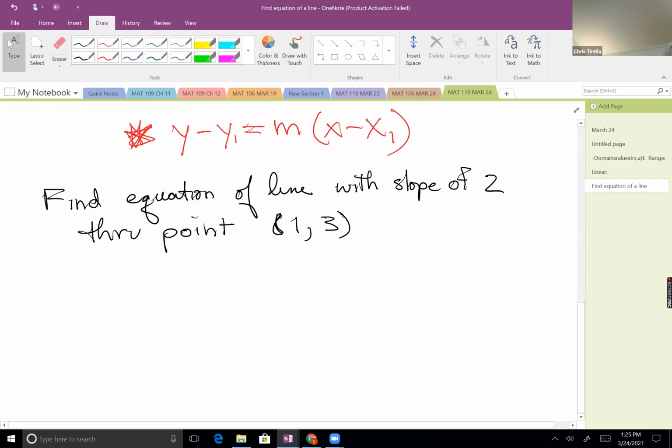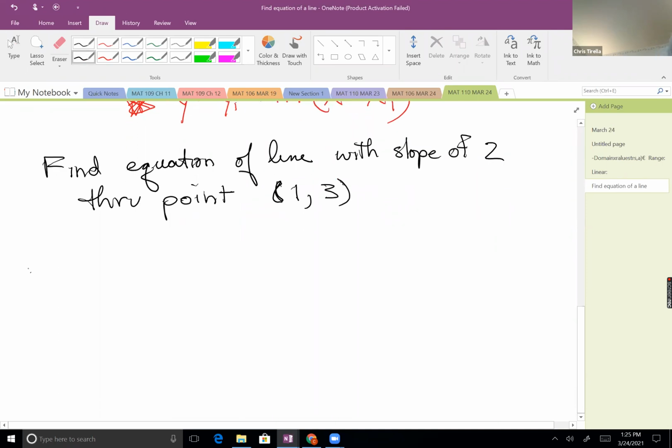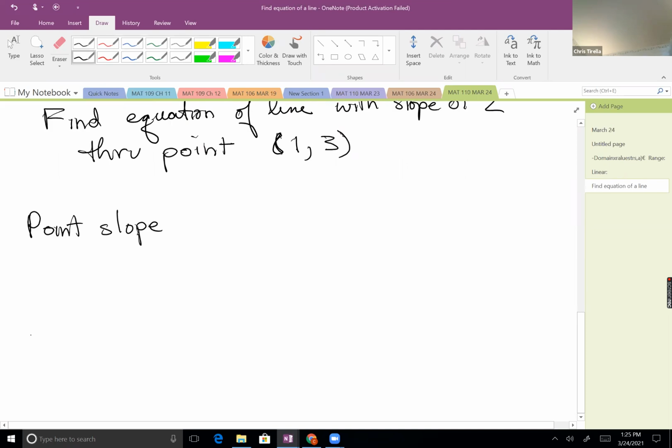We're going to look at this in a couple of different ways. In the homework, they're going to ask you for it in point slope form. They're going to ask you to write it like a function, and writing it like a function will also be called the slope intercept form.